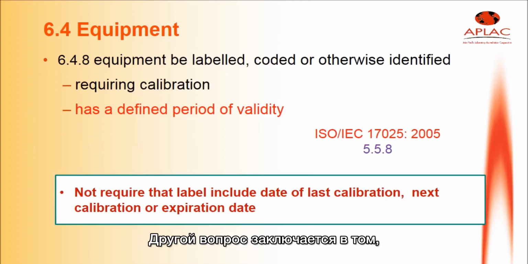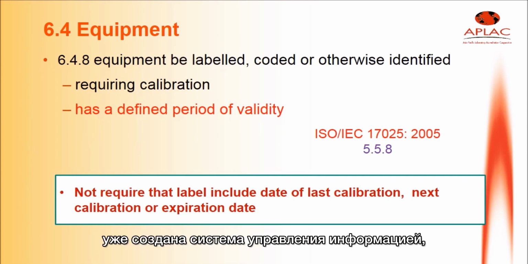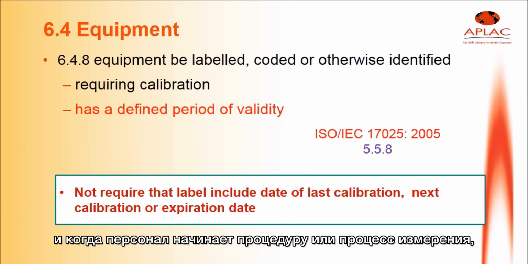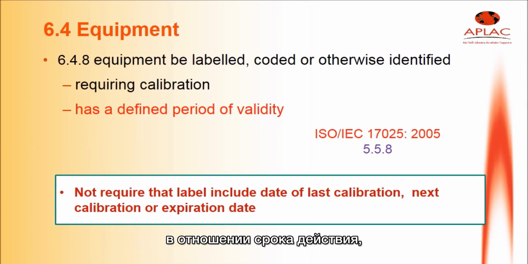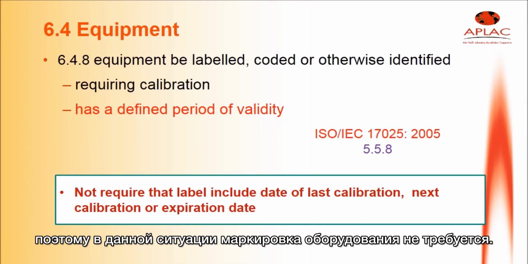easily. Another consideration is that many laboratories have already established an information management system. When the personnel start the measurement procedure or process, the system can automatically give the validity status of the equipment, so labeling the equipment is not necessary in this situation.